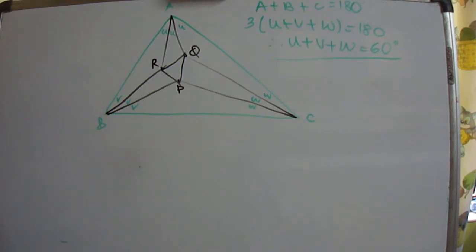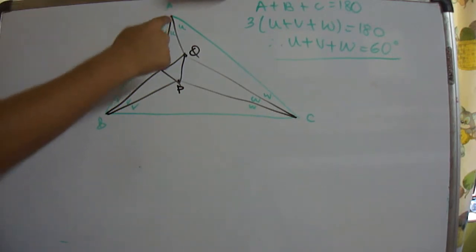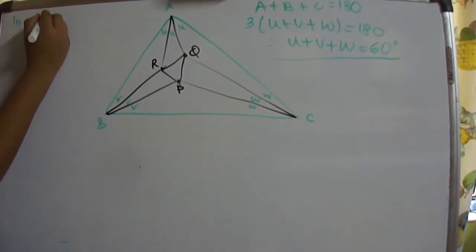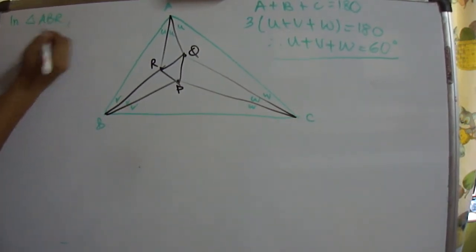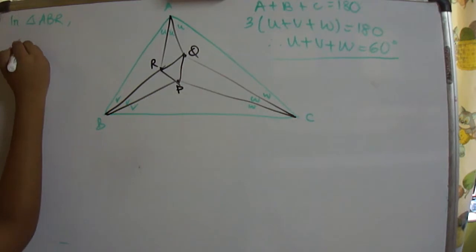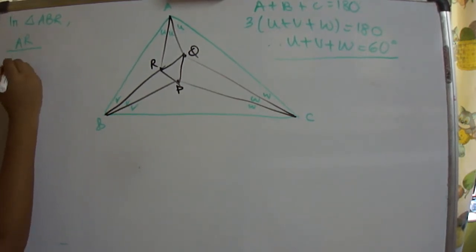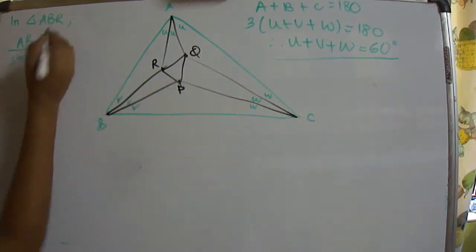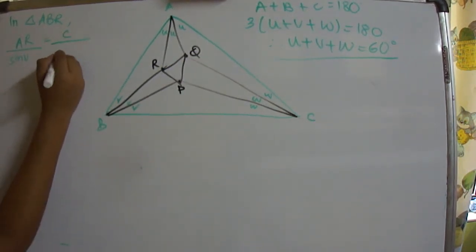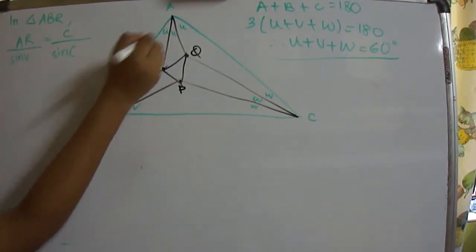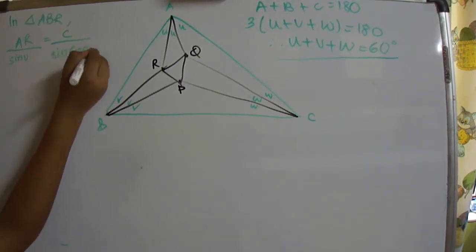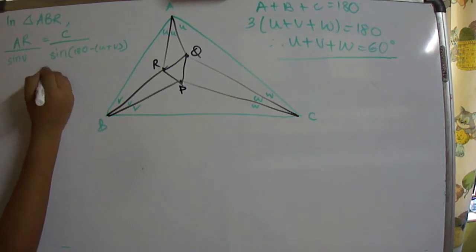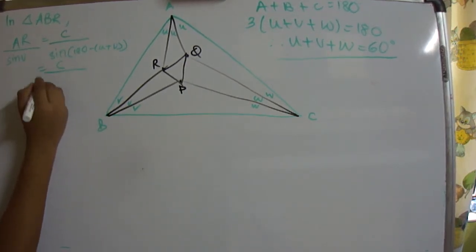How can we compute AR? We can use sine rule in triangle ABR. In triangle ABR, AR by sine V is equal to AB, which is C, by sine of 180 minus U plus V. We know that sine 180 minus theta is sine theta.